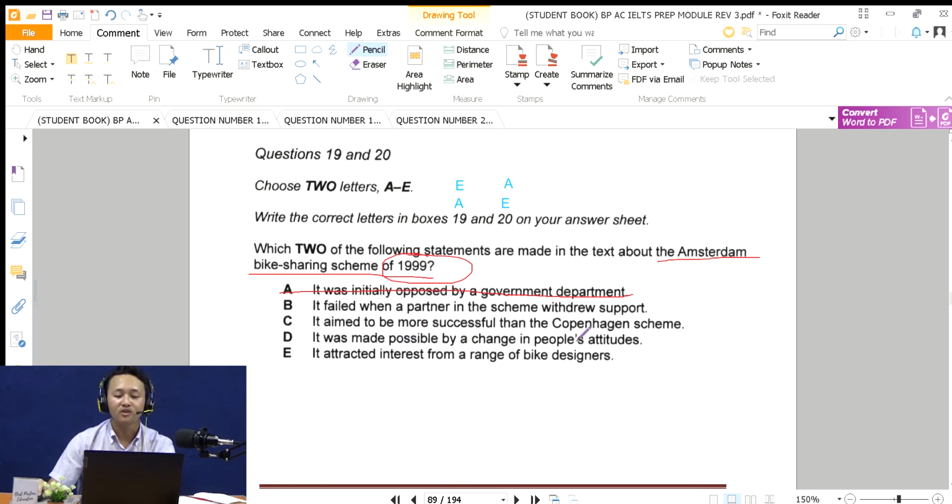It aimed to be more successful than the Copenhagen scheme. There's no mention of that actually, so no. It was made possible by a change in people's attitude. Yeah, that's the answer. It was made possible by a change in people's attitude.